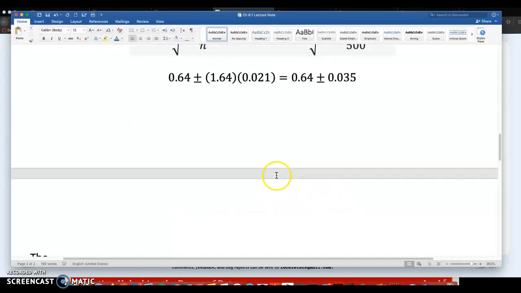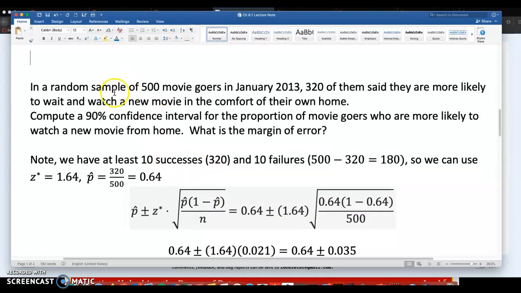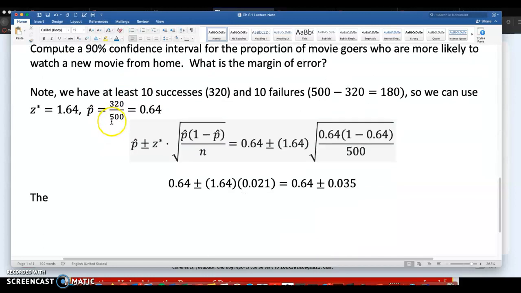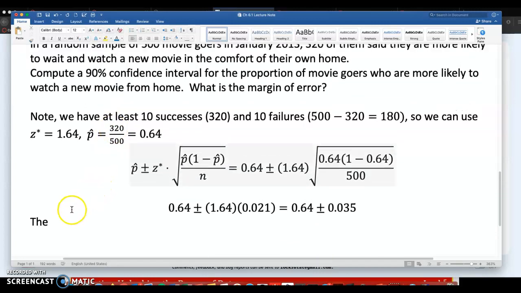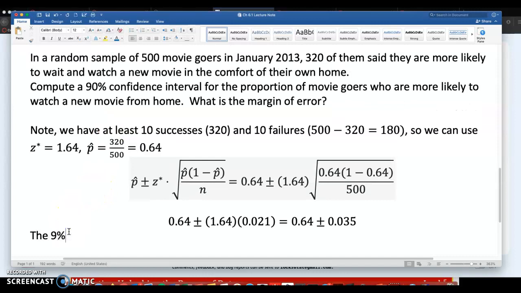So let's get some more space here. The 90% confidence interval is, I'm going to take 0.64, subtract that number, 0.035, to get 0.605, to 0.64 plus 0.035 to get 0.675.